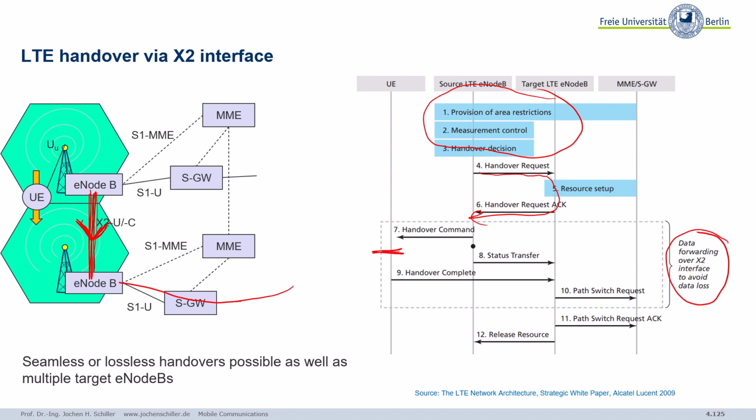So you see, there are some features known from the old networks, but also some new features to enable, for example, faster, seamless, or lossless handover using packet switching. No more circuit switching. Maybe you remember what we had to do for handover using circuit switching in GSM. That was also quite a lot.